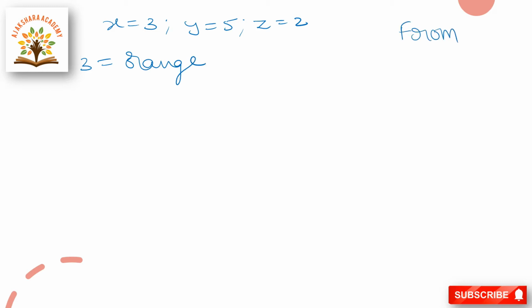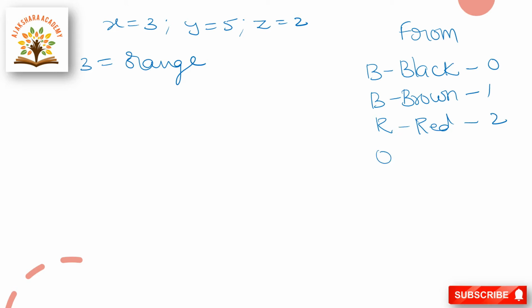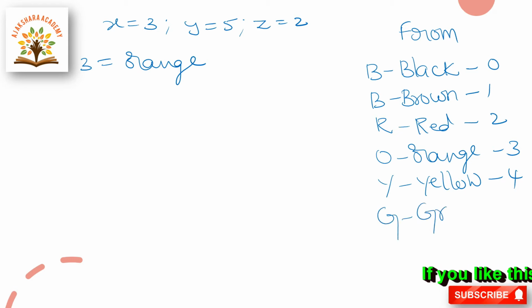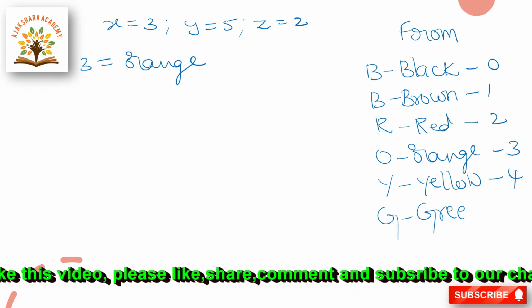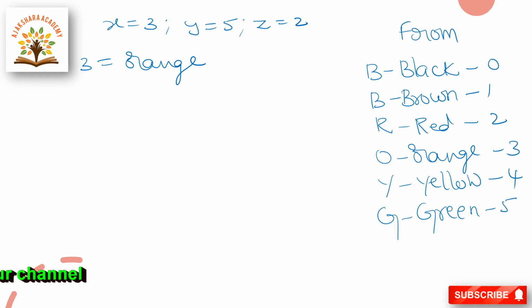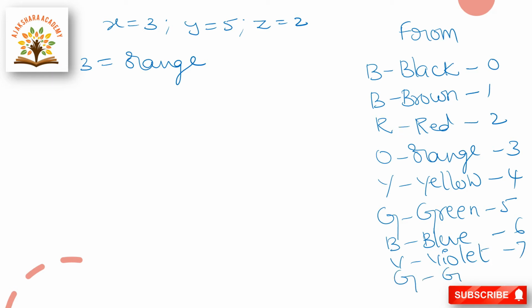See this here, color codes: black 0 and brown 1, red 2, orange 3, yellow 4, green 5 and blue 6, violet 7, gray 8, white 9.